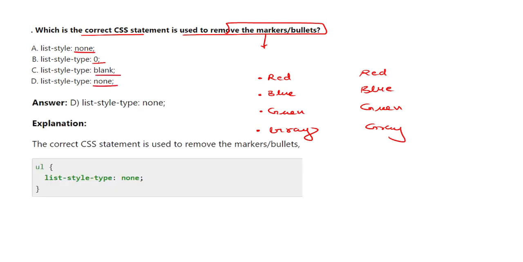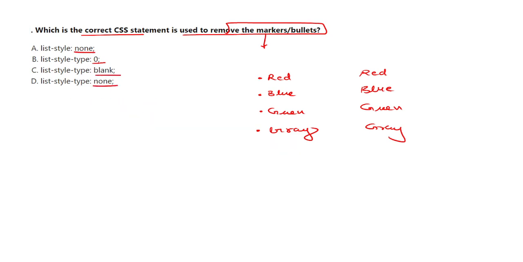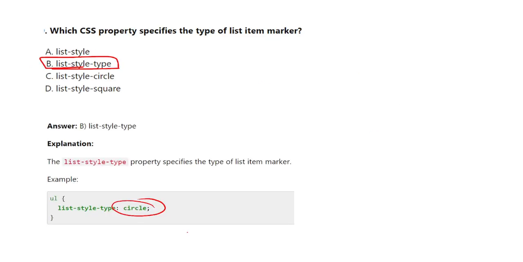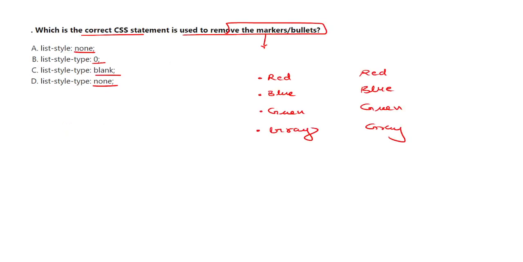So the correct answer is none. If you want to add the property, you can give list-style-type circle, or simple bullets or circle etc. If you want to remove it, then give the property none.